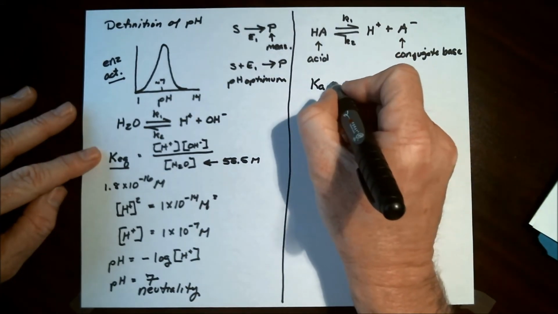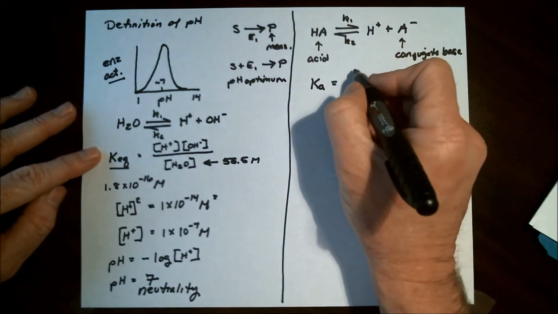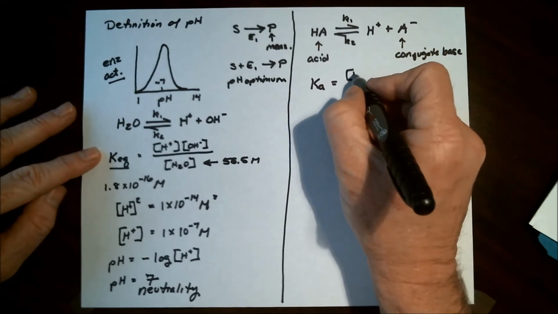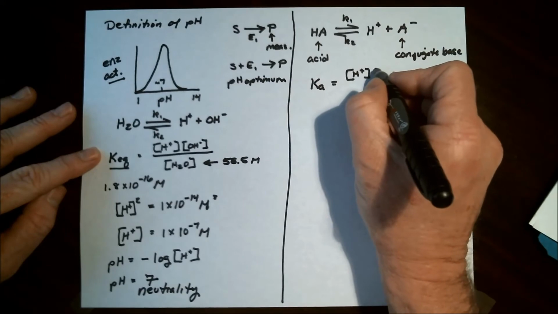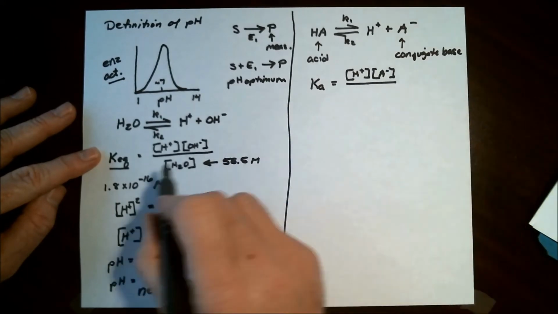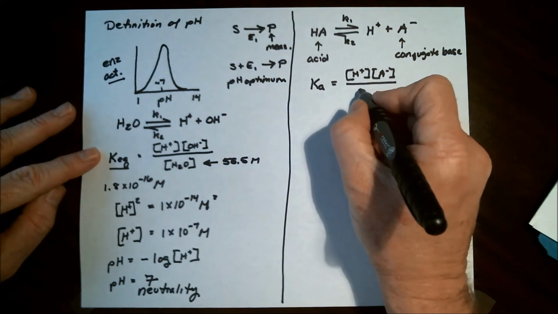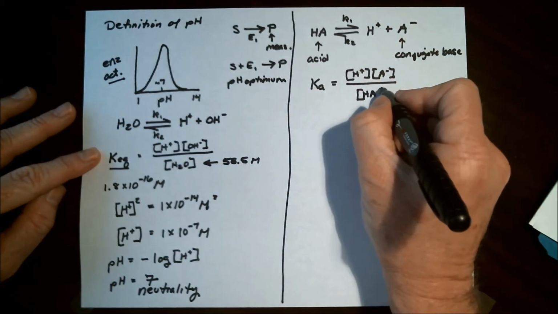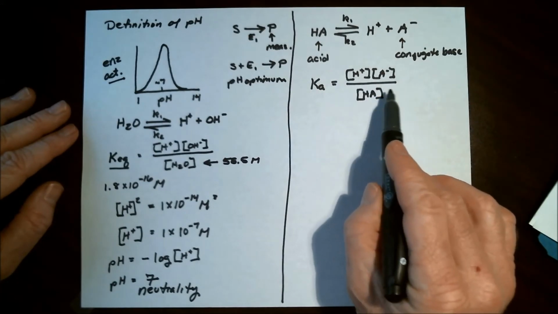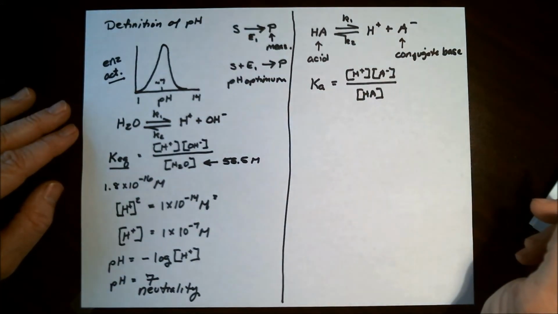We can quantify this by calculating the acid dissociation constant. And this, again, like the equilibrium constant in water, is the concentration of products over the concentration of reactants.